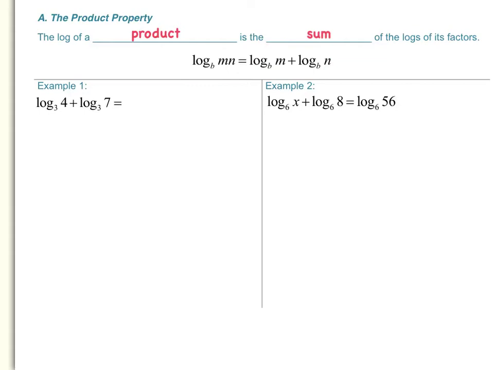Our first example is log base 3 of 4 plus log base 3 of 7. Since we are adding two logs with like bases, we will multiply their arguments. So this would be the same thing as saying log base 3 of 4 times 7. And 4 times 7 is 28, so that would be log base 3 of 28.